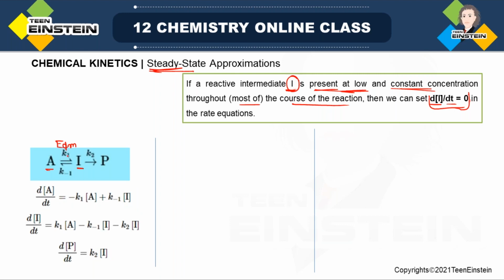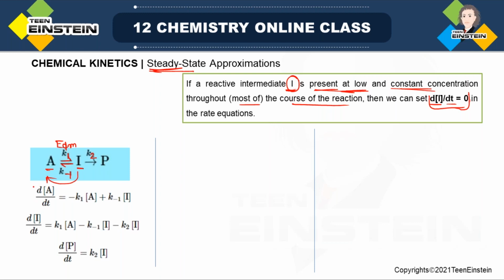As the first step involves equilibrium, there is an equilibrium sign here. For the forward step, the rate constant is K1, and for the reverse step, as there is equilibrium, I can also be converted to A, with rate constant K inverse 1, and for the second step it is K2.